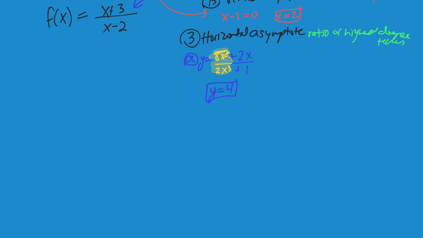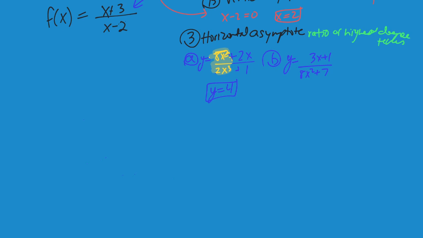Okay, so the second example would be, what if you had y is equal to 3x plus 1, and I intentionally left a gap there, over, say, 8x squared plus 7. Notice the highest degree term is x squared, but you have to have a matching term on the numerator and denominator so you can find that ratio. Well, if you don't have a matching term, you have to create a phantom term.